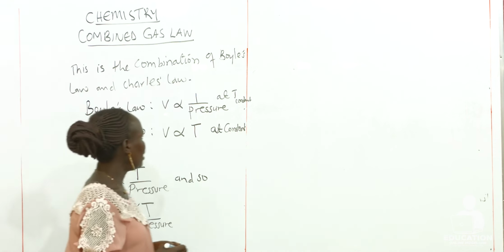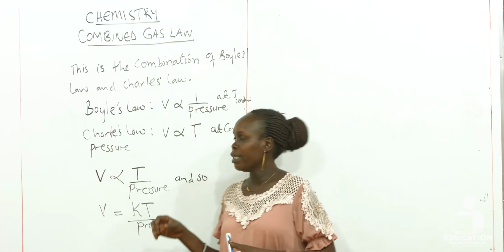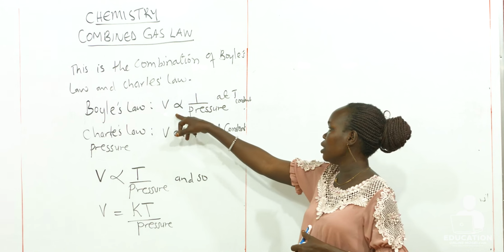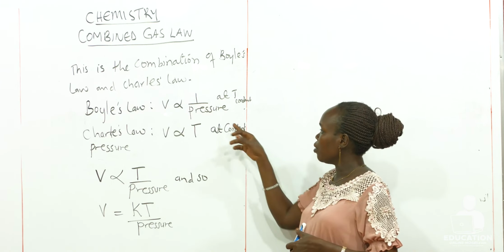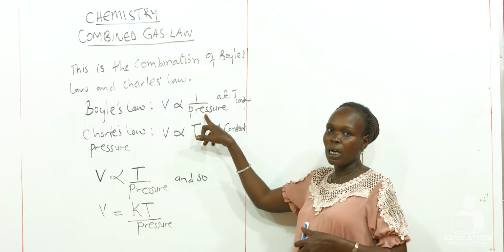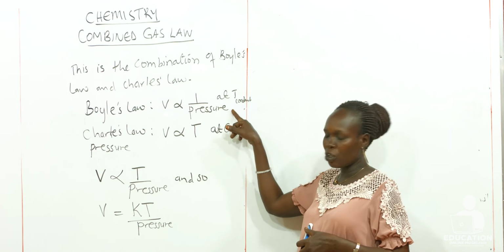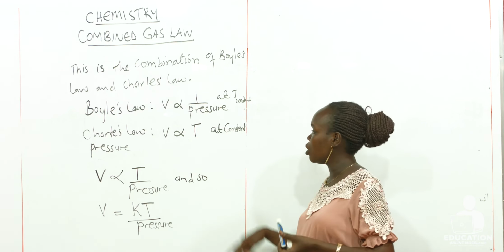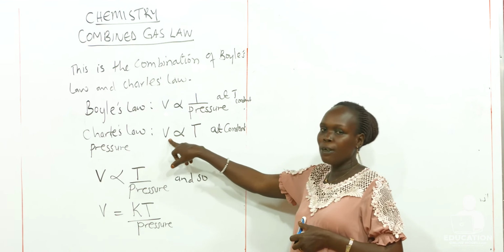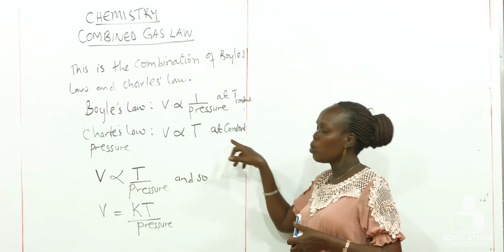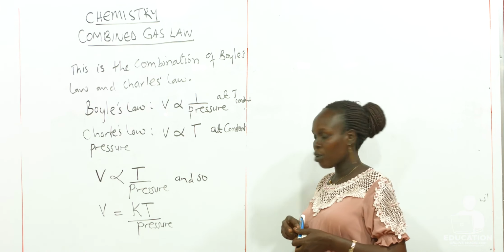When we combine these two laws together, Boyle's law states that the volume is inversely proportional to the pressure when we keep temperature constant. With Charles's law, the volume is directly proportional to the temperature when the pressure is kept constant.